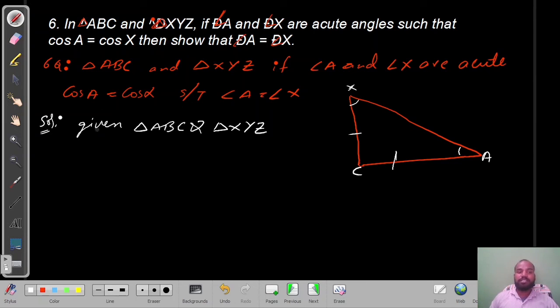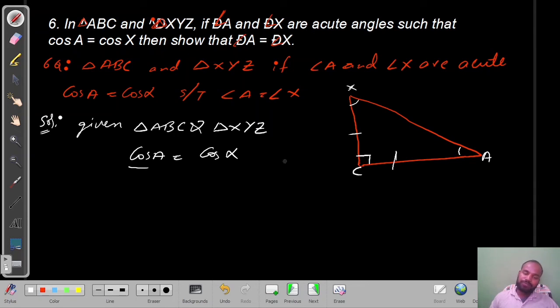Now what he is saying is that cos A is equal to cos X. So first find the cos A value. What is the cos A value here? This is a right angle triangle.